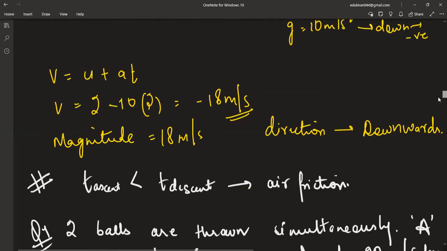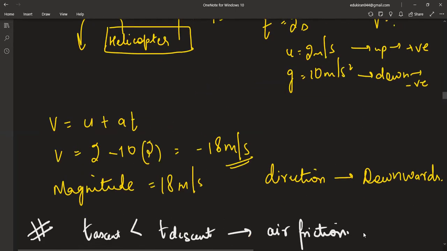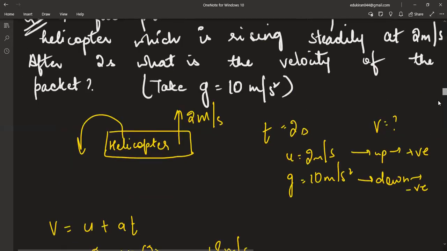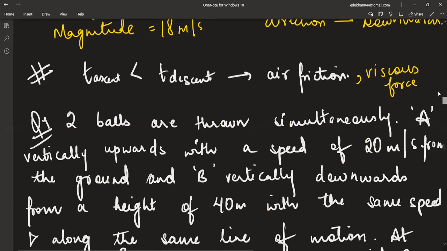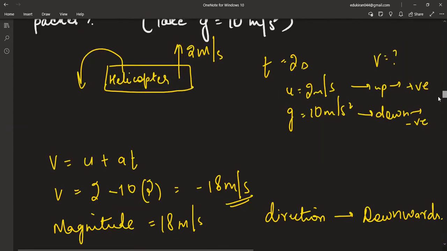If you have dissipative forces present, like air friction or viscous force, all the dissipative forces in nature, then time of descent increases. Means when you are throwing a ball up, it will reach quickly in the air, but when it is coming down, it will take a lot of time, as expected. So I just mentioned this point also. But first note down this solution.